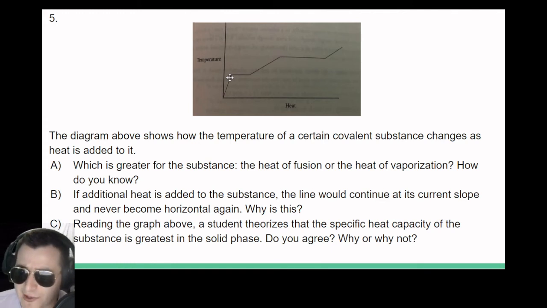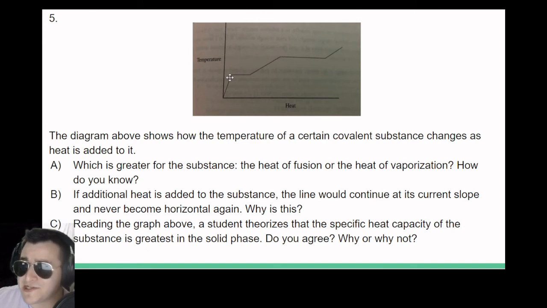Well, that doesn't sound like a high specific heat capacity. That sounds like an incredibly low specific heat capacity, meaning that this substance, whatever it is, absorbs energy very readily, and it doesn't take much energy to accomplish a temperature change. So, no, I don't agree with this guy.